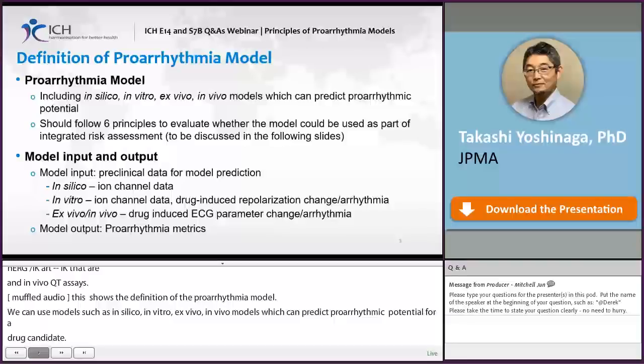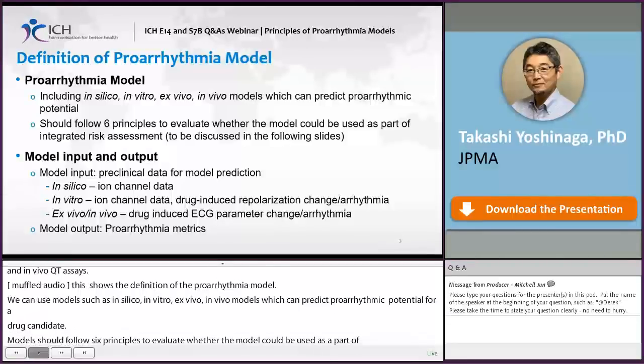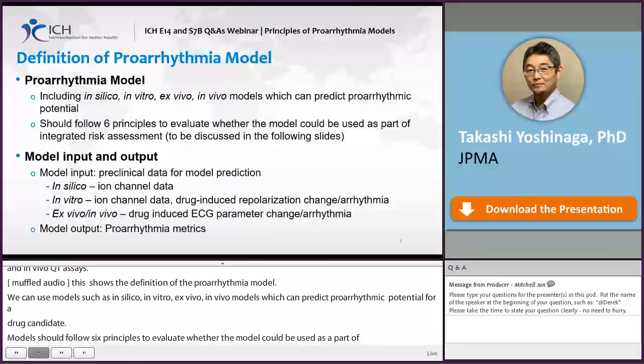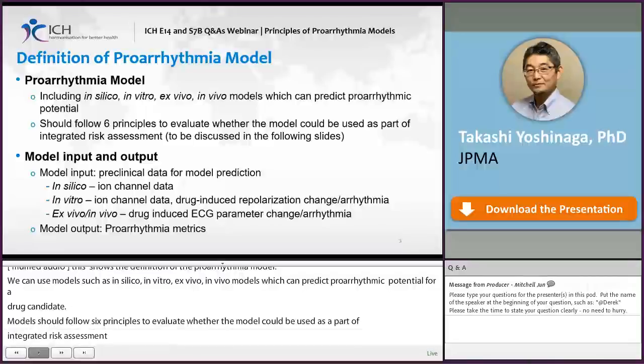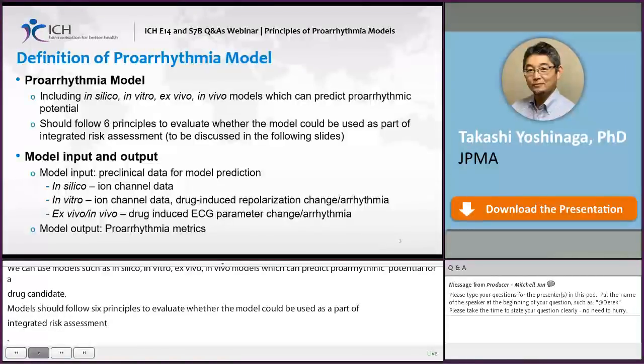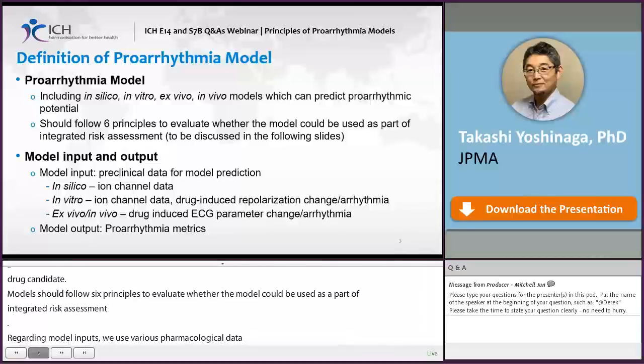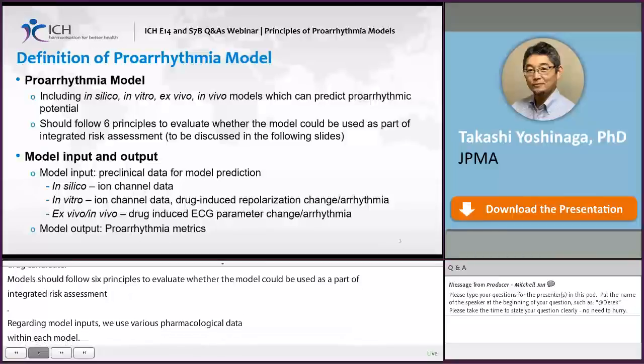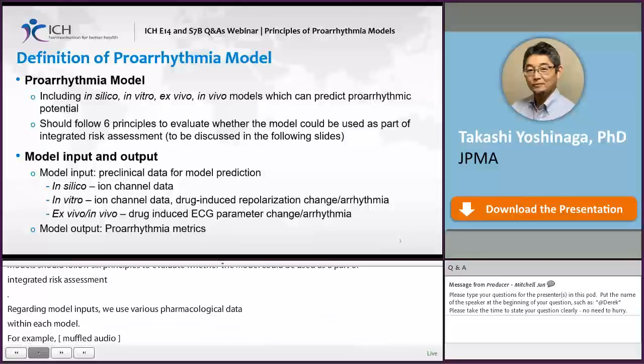We input some preclinical data into the model and get the output. Regarding model input, we use various pharmacologic data depending on each model. For example, ion channel data for in silico model, ion channel data or drug-induced repolarization change, arrhythmia for in vitro model, drug-induced ECG parameter change, arrhythmia for ex vivo or in vivo model.